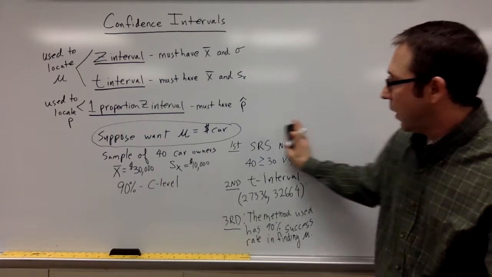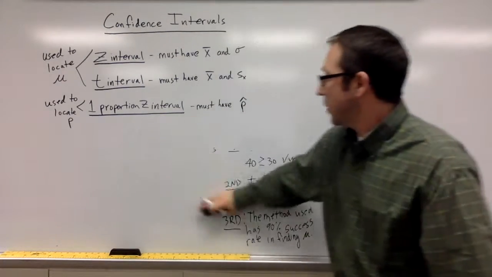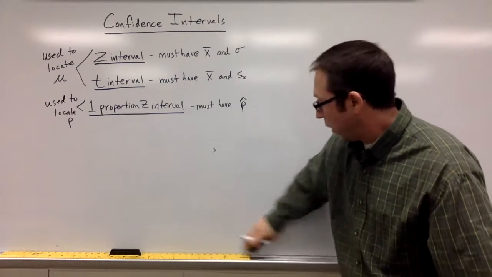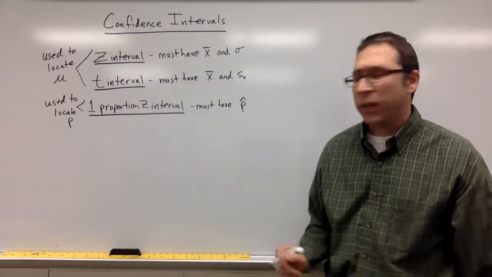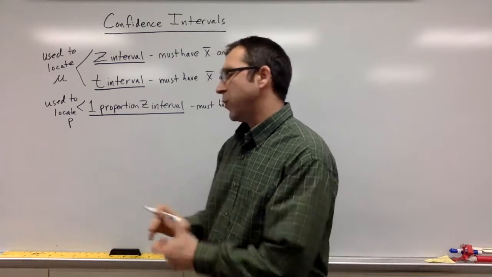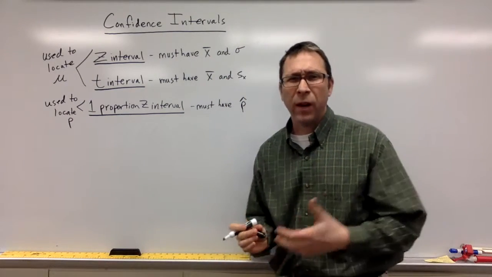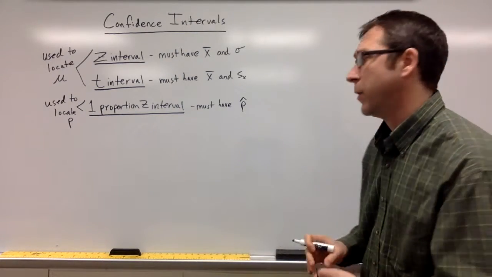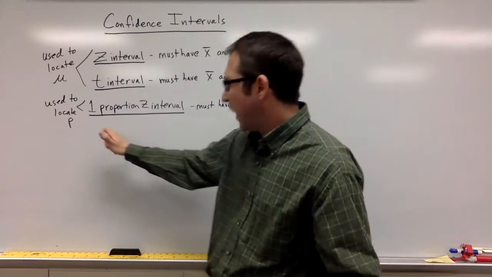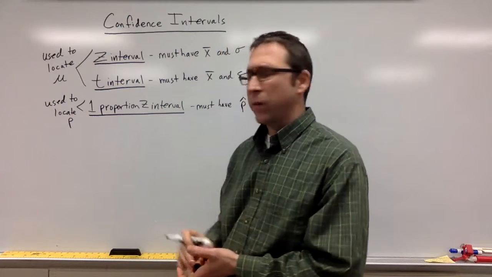So now that we've done that, let's wind things back up and do one more example, which is the one proportion z interval. Let's say instead of trying to figure out how much money people are paying for cars, I'm interested in what color of car they're interested in. I think blue is probably one of the most popular colors for cars.